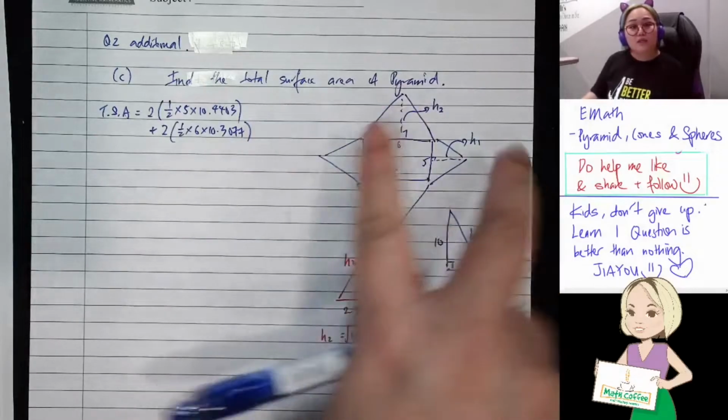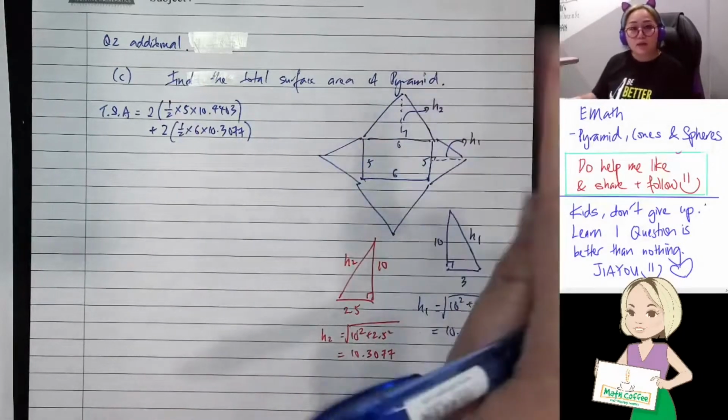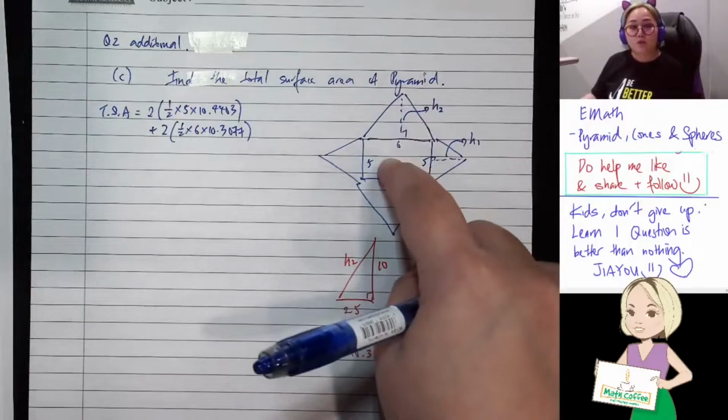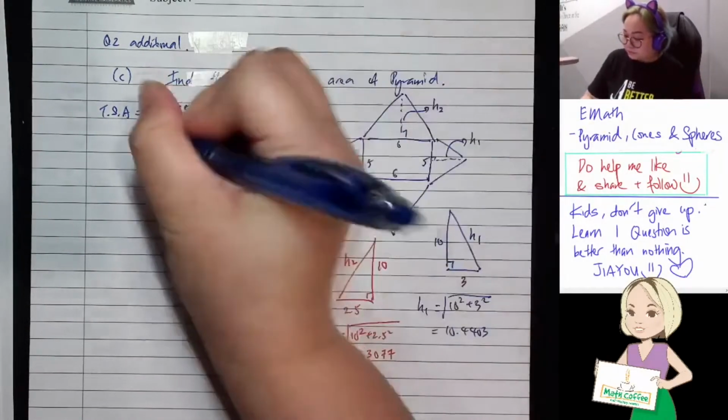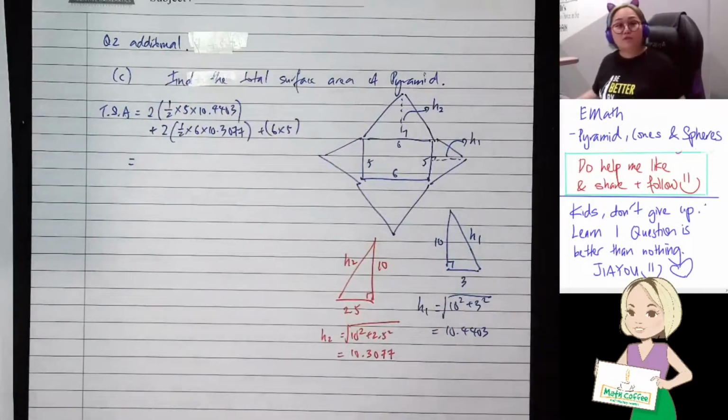So this is 2 small triangles and 2 big triangles, and then don't forget the base, which is the rectangle, so plus 6 times 5. That will be the total surface area.